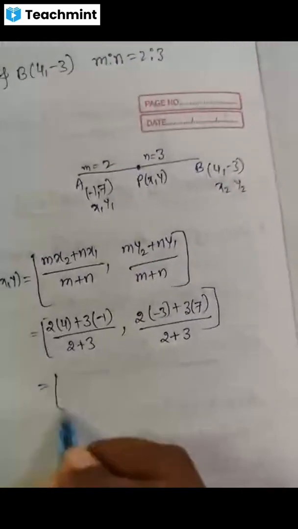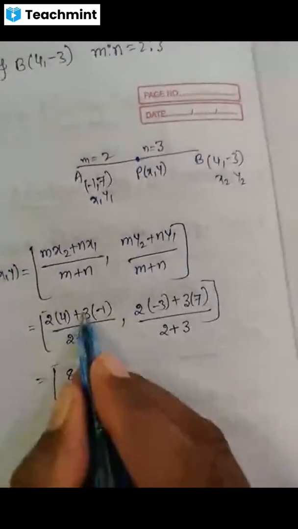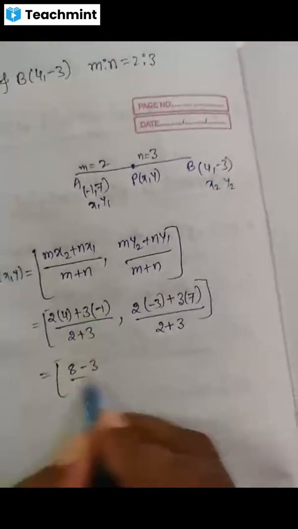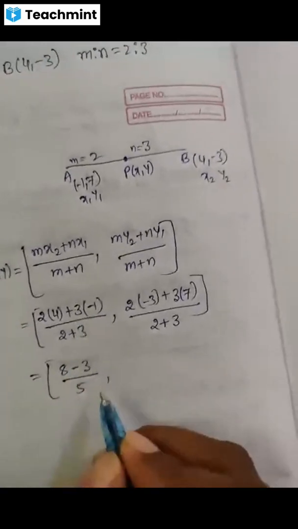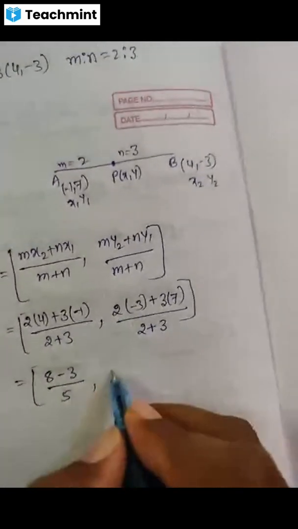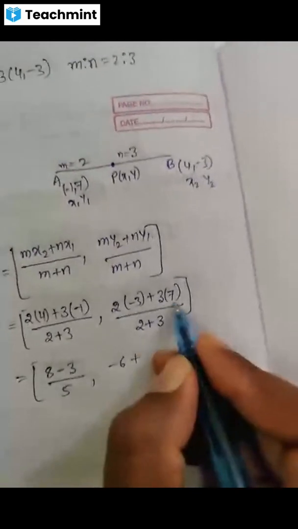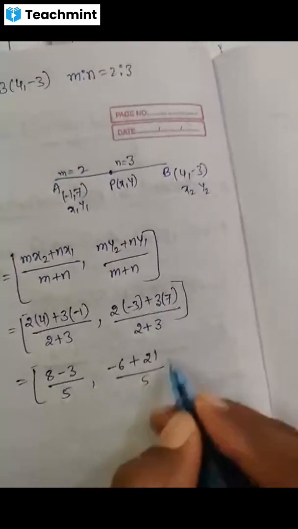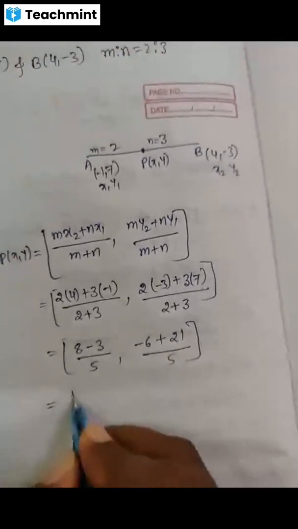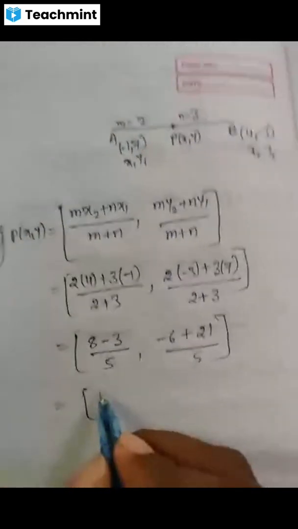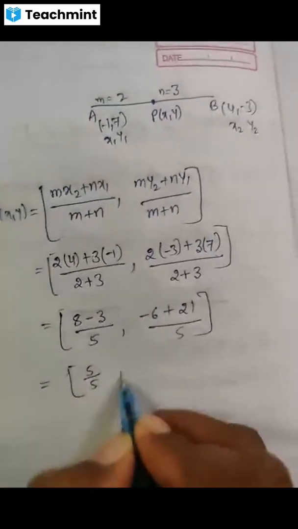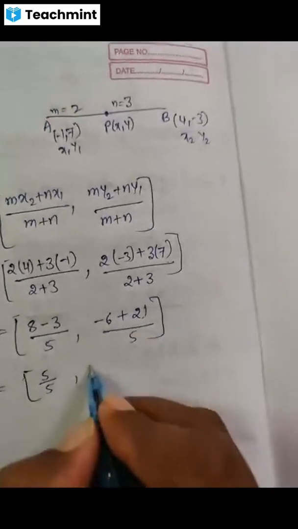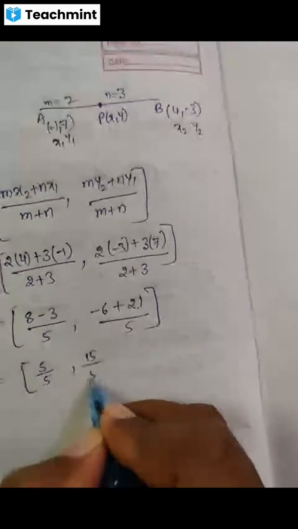So this is equal to 4 twos are 8, 3 ones are -3 because plus into minus is minus, divided by 5, comma, 2 threes are 6, -6 plus 7 threes are 21, divided by 2 plus 3 is 5. So 8 minus 3 is 5 divided by 5, and -6 plus 21 is 15 divided by 5.